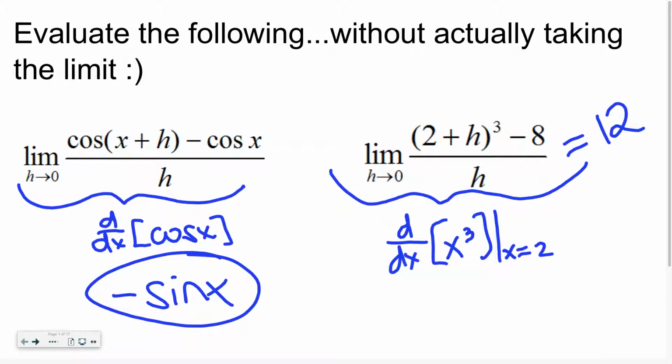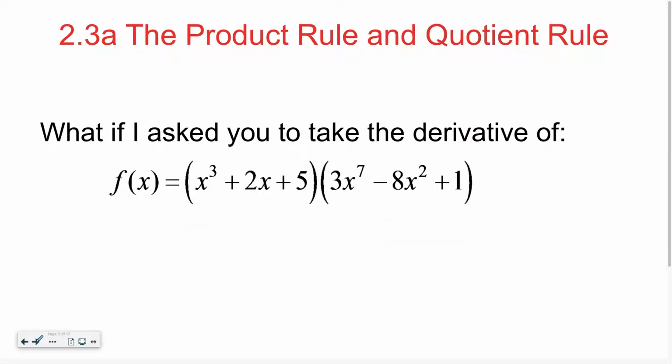Question. What if I asked you to take this derivative? What would you have to do? You have to multiply. Could you find the derivative? No. We only know the power rule, and the power rule only works when we have ax to the n power.